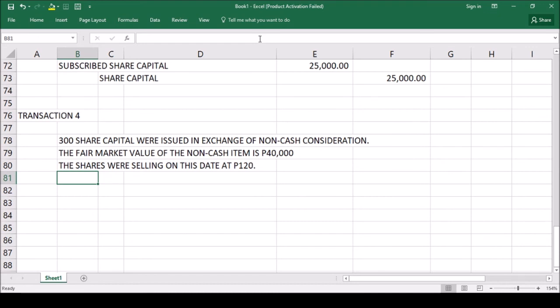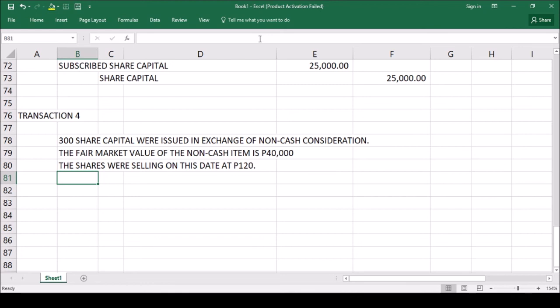As a rule, ito yung rule, no? Makinig. The rule is that if there were shares issued in exchange of a non-cash consideration, yung first priority po natin is we need to value the shares at the fair market value of the asset received.